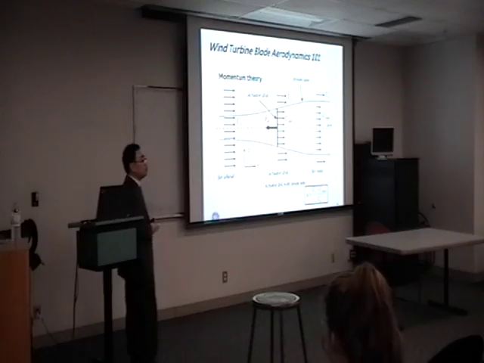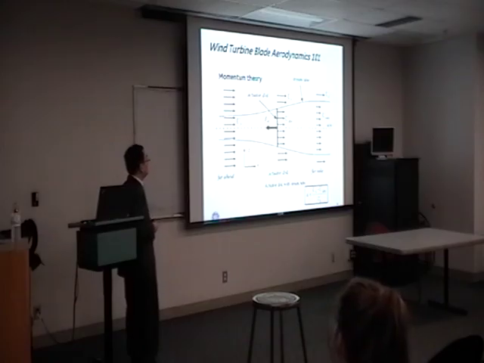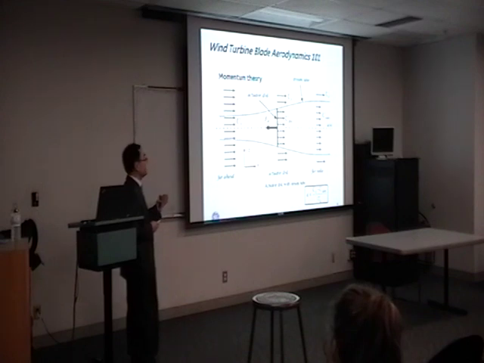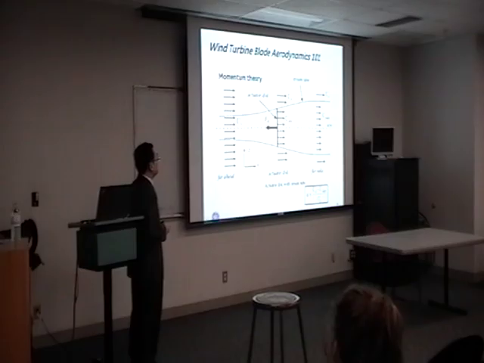So let's think about two extreme conditions. The first case is if there is no wind turbine, the wind velocity remains the same. In that case, axial induction becomes 0. And another extreme case is if the wind turbine stops the wind completely, then the velocity at the turbine becomes 0.